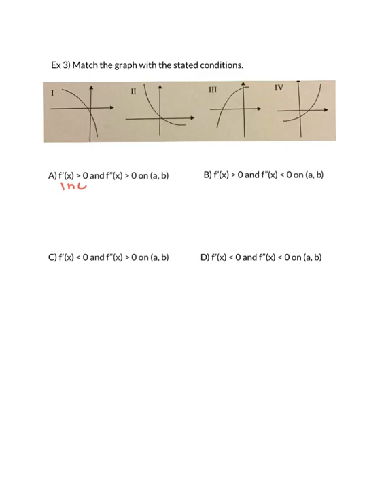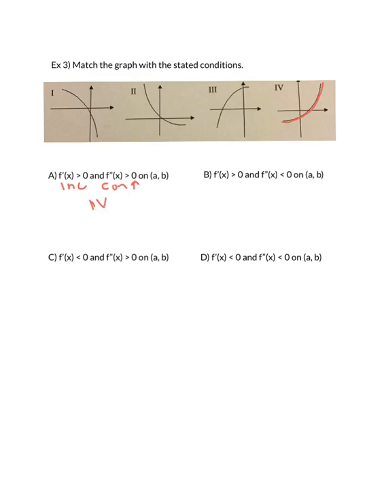And F double prime greater than 0 means we want concave up. Which of these graphs is moving upward but would hold water? That is graph 4. Notice that we are moving upward, but it would still hold water.